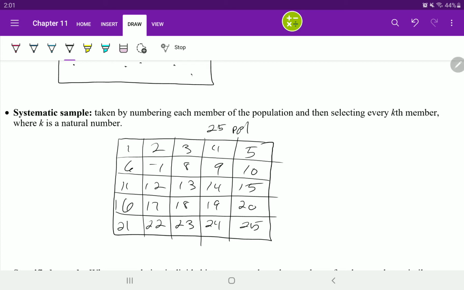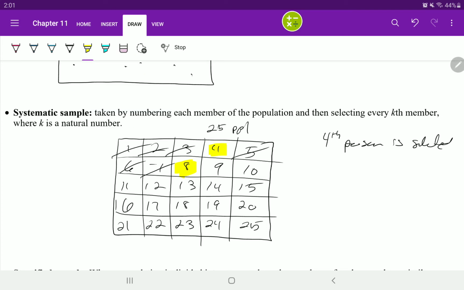In this case, I'm going to select every fifth. Well, actually, let's do every fourth member. Every fourth person is selected. So we count 1, 2, 3, 4, and that person is selected. Then again, we count up by 4s, selecting every fourth person.